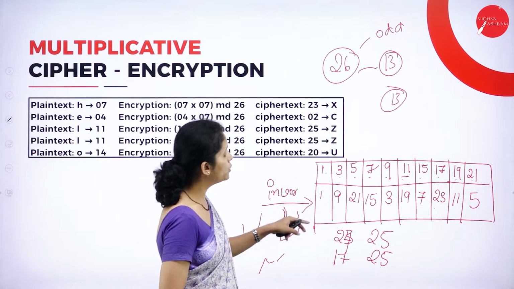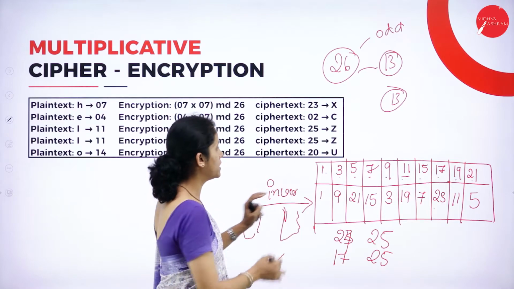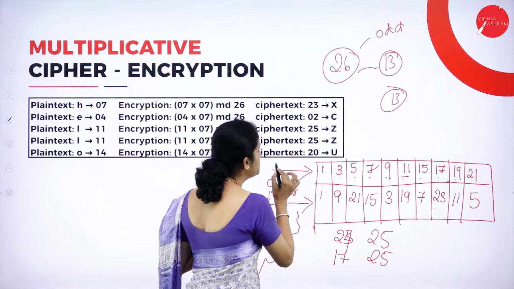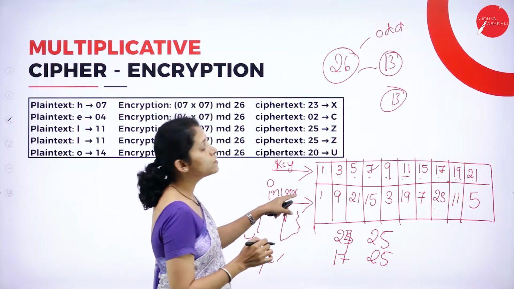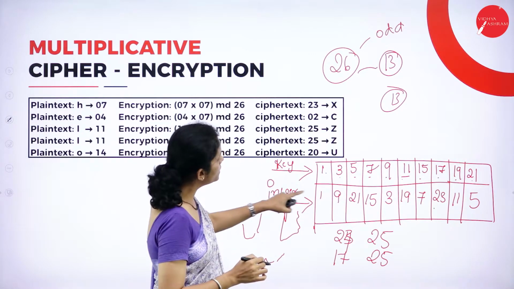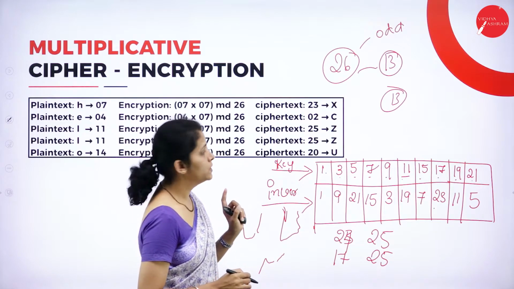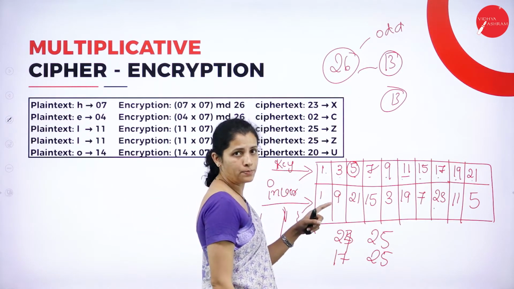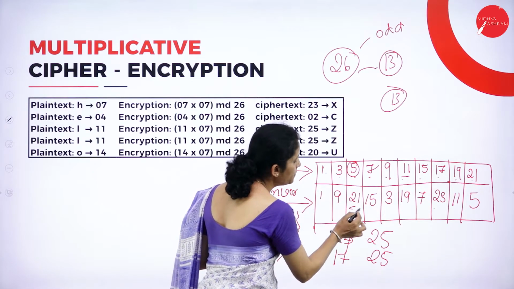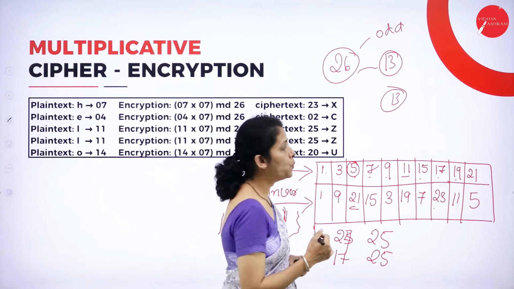So I can get only 12 values, and this is my key value, and this is the inverse of the key. For example, if I use 5 for encryption, then to decrypt I want to use 21.